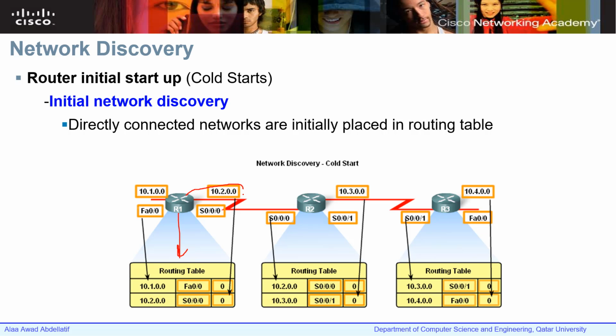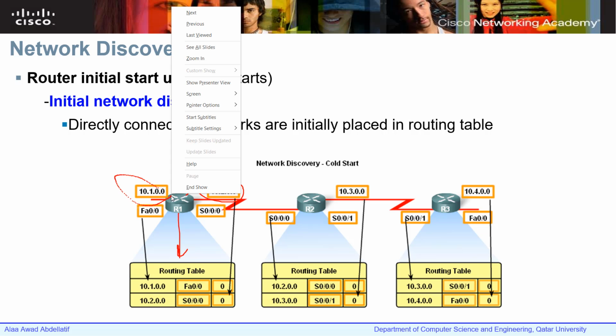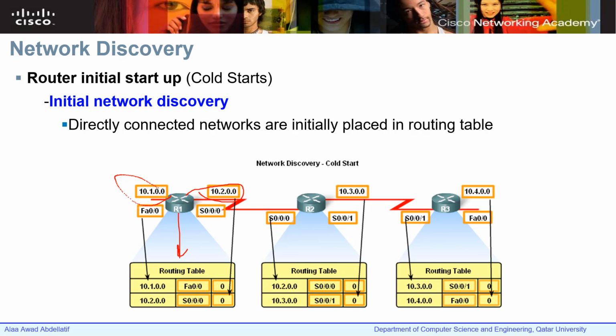I have 10.2.0.0 and 10.1.0.0. So I have only these two IPs directly connected to me. So I will add these IPs to the routing table. I have 10.1 and 10.2, and this 10.1 I can reach through the FA interface and this through the S0 interface, and the number of hops to reach this IP is zero because it's directly connected to me.